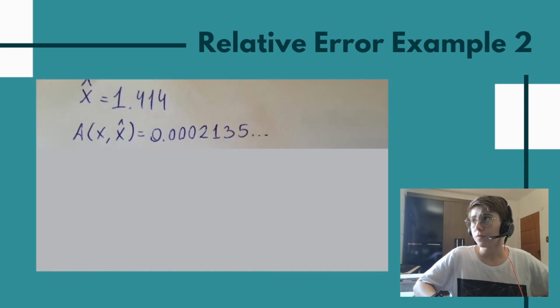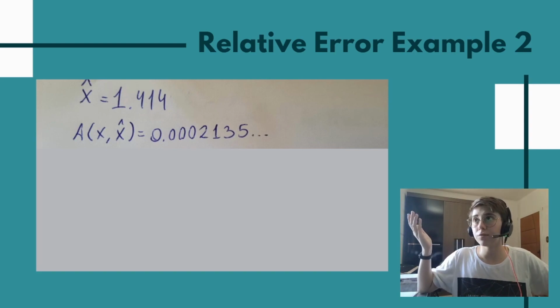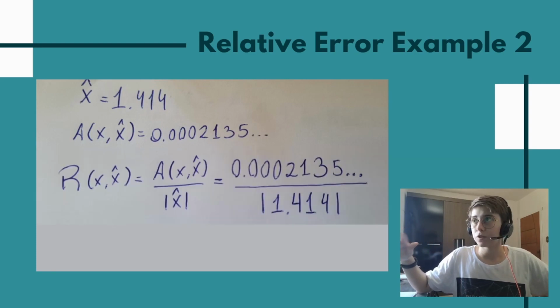Also, we have the relative error. So we consider the same values, and we will calculate the division of the absolute error by the approximate value. So we put it in the formula.